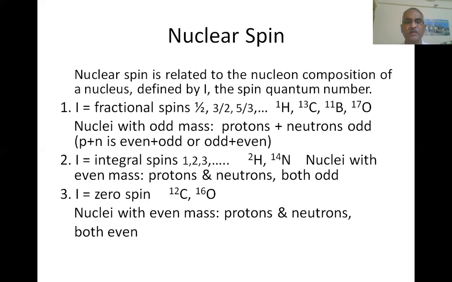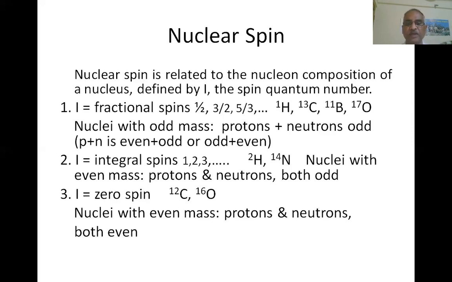Based on the spin quantum number, we have three different possibilities. I can be fractional spins, integral spins, or zero spin. Fractional spins mean the values can be 1/2, 3/2, 5/2, etc. Examples are hydrogen 1, carbon 13, boron 11.